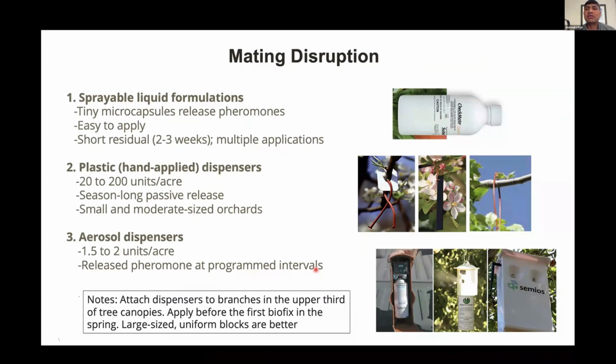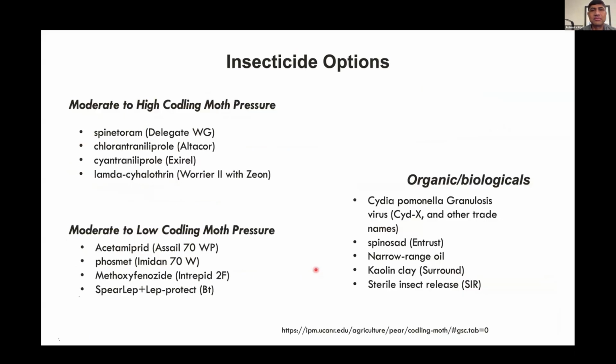How mating disruption works is you put out pheromone that mimics the female pheromone, and the male moth will be confused because of so much pheromone out there. They will not find the female because they are not able to detect the pure pheromone coming from the female. So that is an overall population reduction approach.